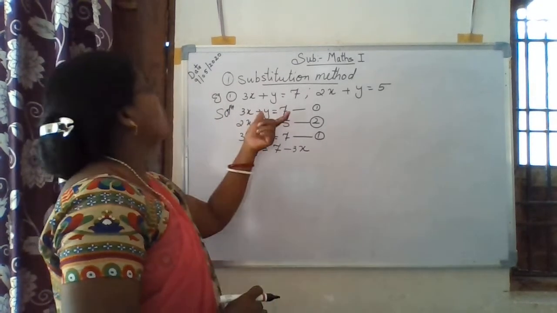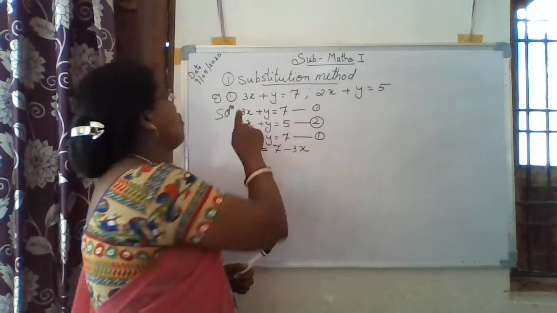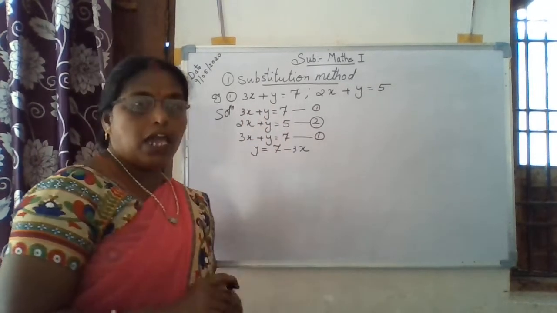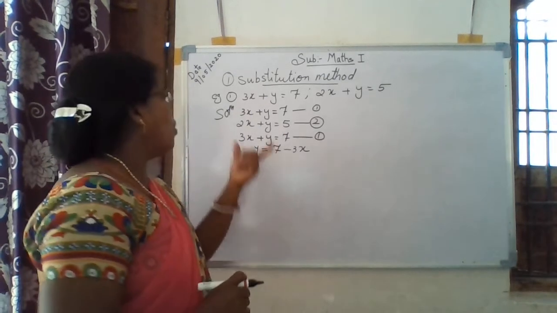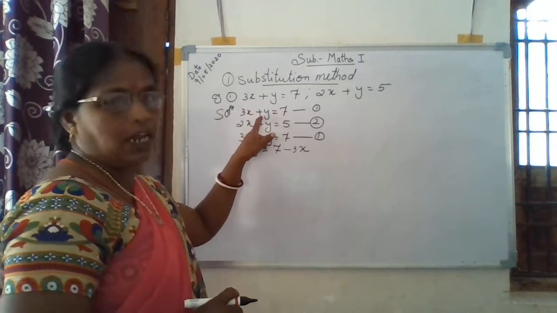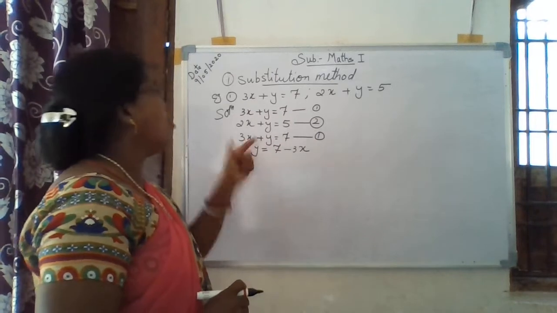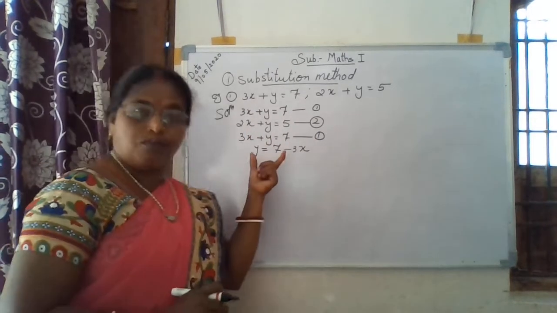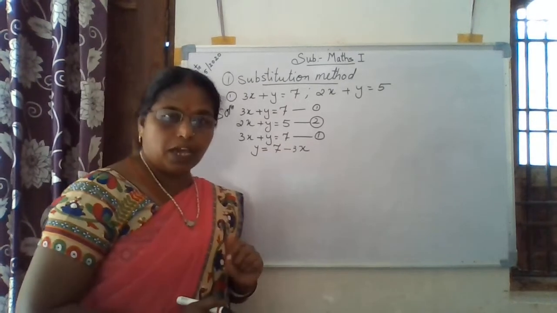So we have to always take the equation where the coefficient of either x or y is 1. That is why, in equation 1, y has coefficient 1, and therefore I have taken equation 1. From equation 1, I got the value of y equal to 7 minus 3x.